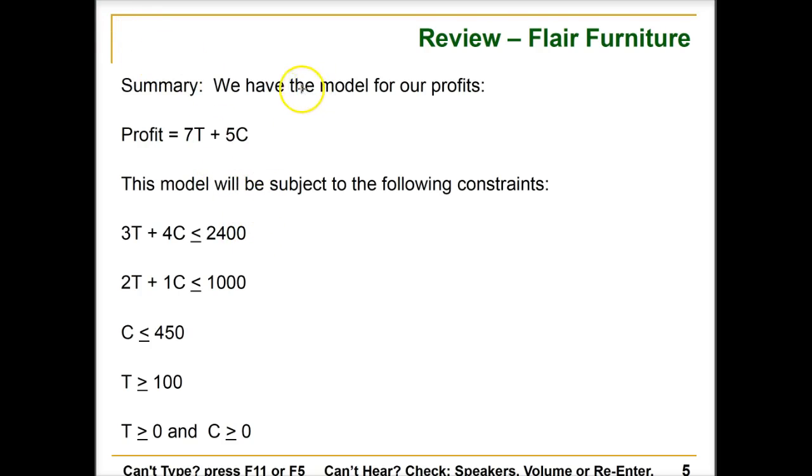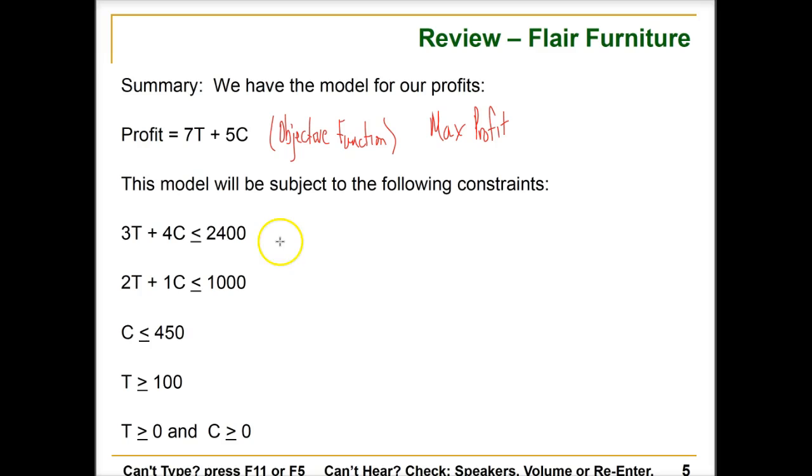Now, if we are going to put all this together, this is what those constraints look like. And so for the profit equation here, this is what's called our objective function. And of course, the objective is to maximize profit. So we want to maximize profit according to these constraints.